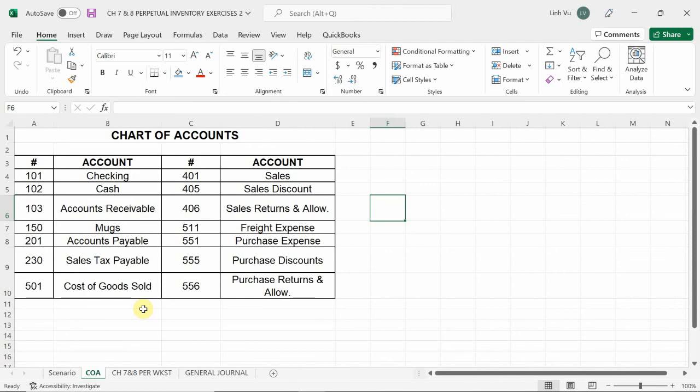Sales. Sales what? You're not selling the product to him because he's returning the product, right? Sales tax payable. You're definitely going to give the sales tax money back. But what is the transaction at hand right now? A refund.